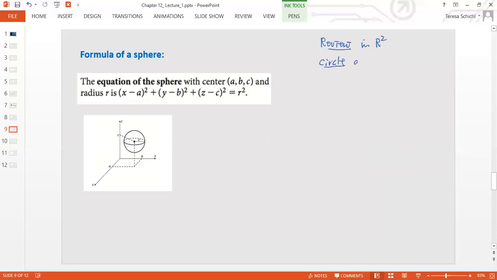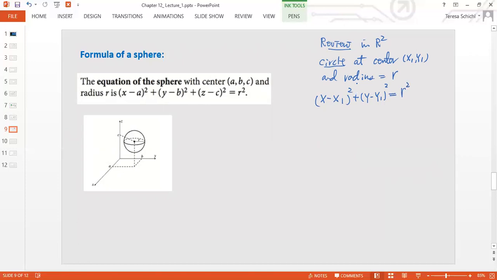With the center at (x1, y1) and the radius equal to r, we say this is x minus x1 squared plus y minus y1 squared equal to r squared, right?